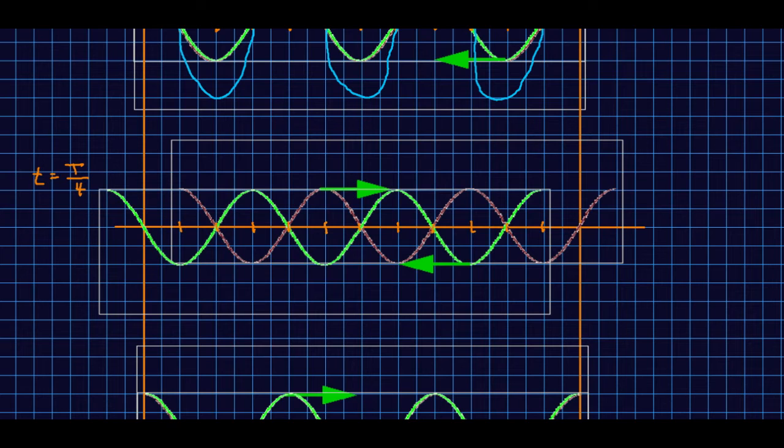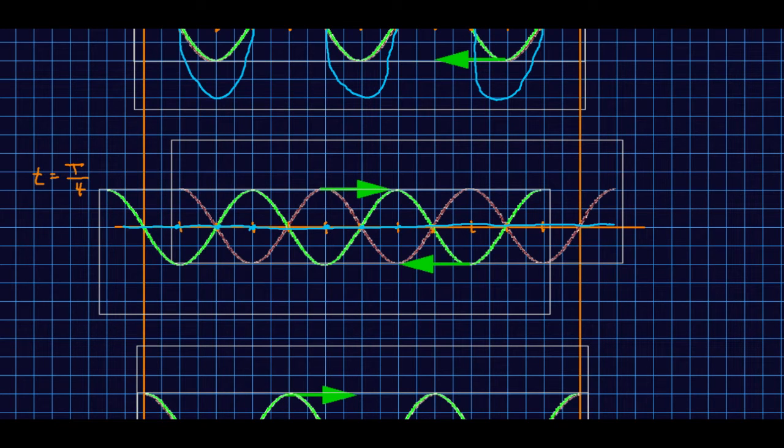If you now look at what the total displacement would be, well, look here, we've got crest on top of trough, that's 0, and crest on top of trough, and so on. In fact, no matter where you look, they're mirror images of each other. They're going to add to 0 everywhere. So at the moment, we've got a flat line.